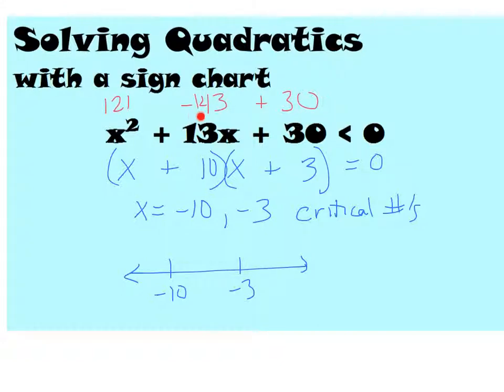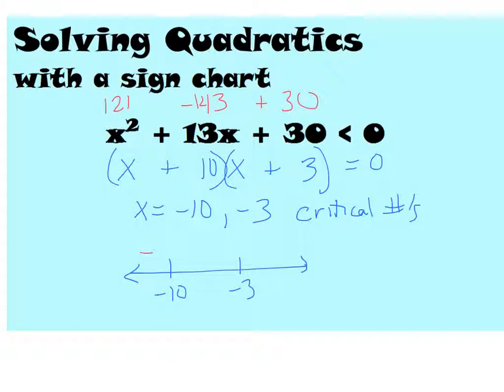This is a negative 143. My positive number is bigger. So when I subtract it, it's going to end up a positive number. That is not going to be smaller than 0. So that would not work. I like you to use that mental math, but if you got to plug it in your calculator, then you can plug it in your calculator.